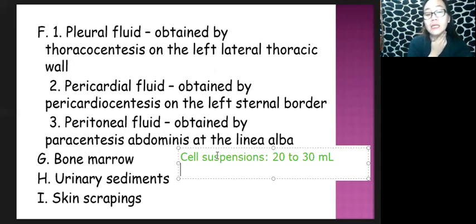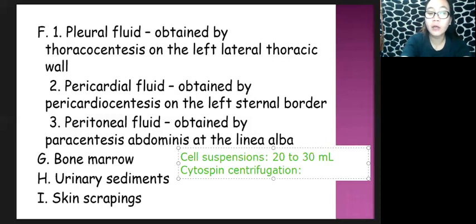Since these cell suspensions usually contain a lot of fluid but few cells, there is a need for us to perform cytospin centrifugation. What is the purpose of cytospin centrifugation?